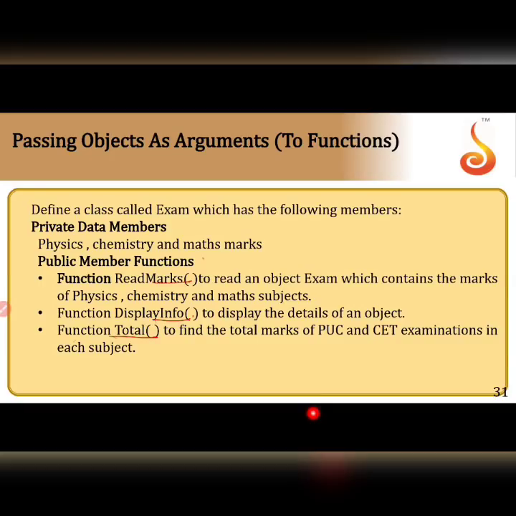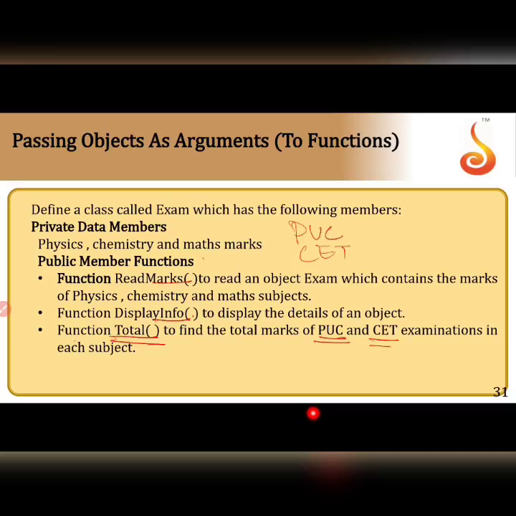Then you have to calculate the total marks. What are the exams a student would take? I would say the student would have taken the PUC exam and the CET exam. So, total marks of PUC and CET entrance examination in each subject.